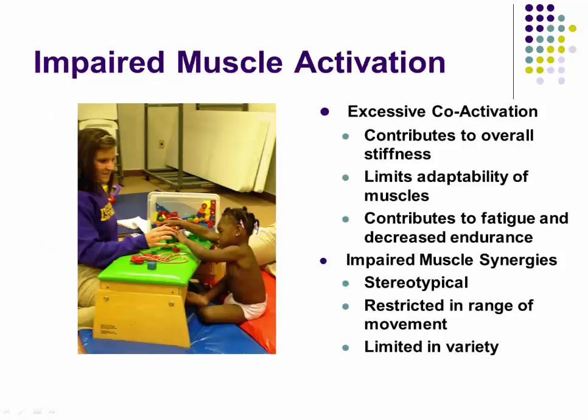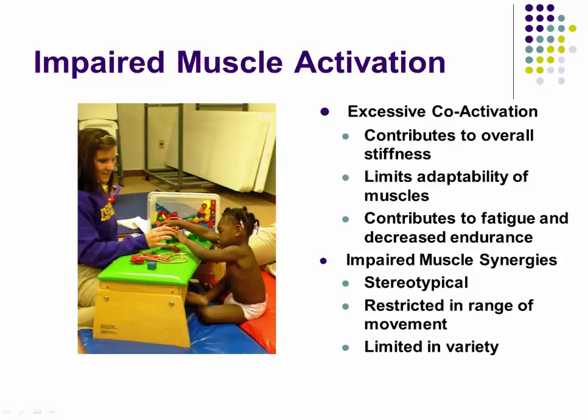Another characteristic of children with cerebral palsy is impaired muscle activation. They'll have excessive co-activation, which is the simultaneous activation of the agonist and antagonist muscle groups across the same joint and acting in the same plane of movement.